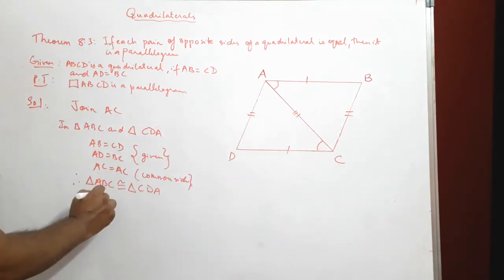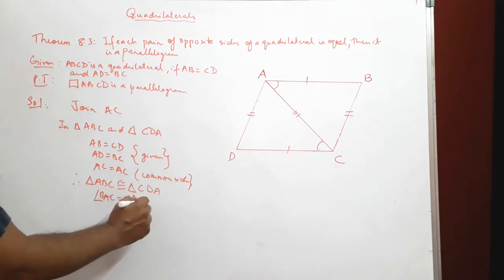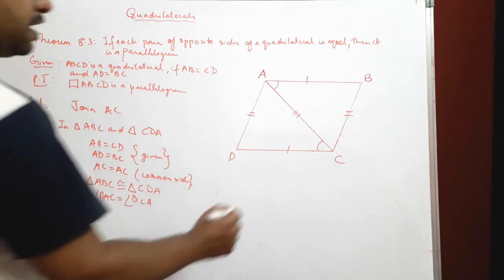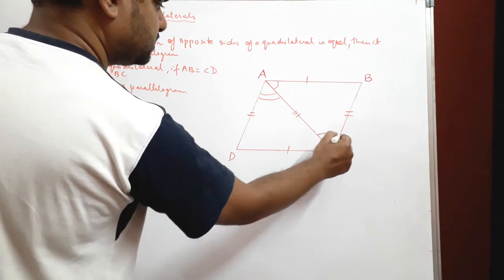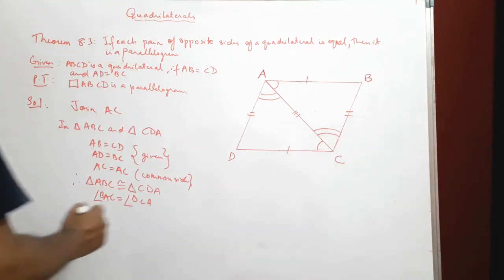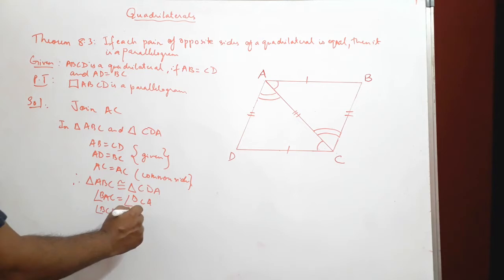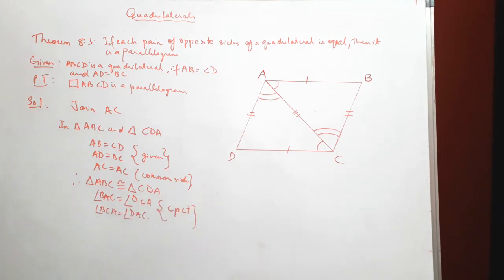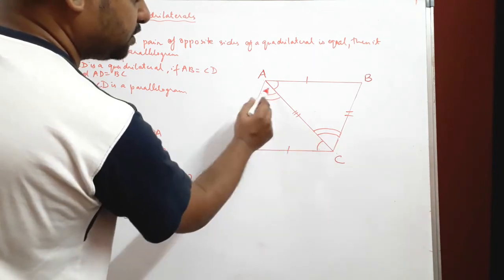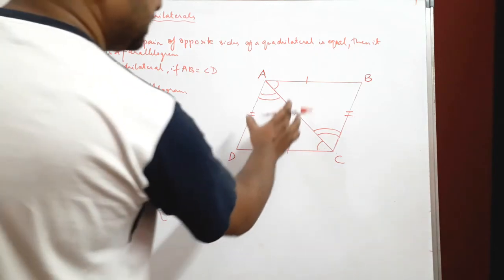So angle BAC is equal to angle DCA, and we can also say that this angle is equal to this angle, so angle BCA is equal to angle DAC. We say this is CPCT. Now that we have shown that these alternate angles are equal, we can easily say that this is a parallelogram.